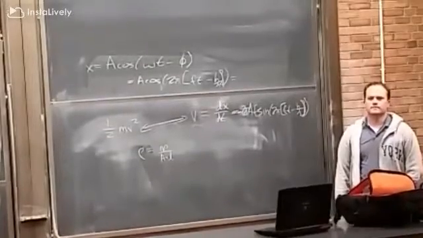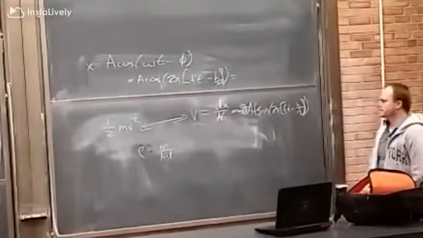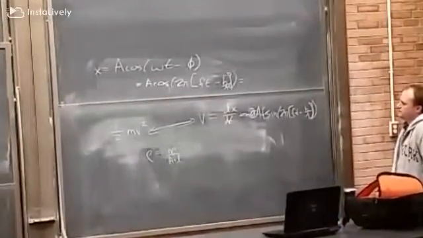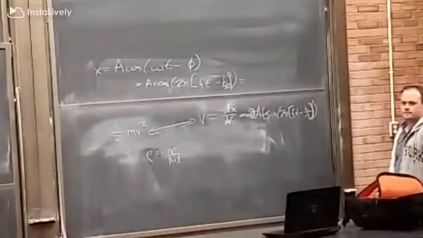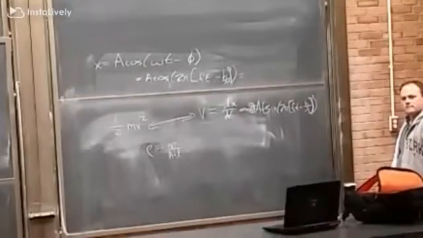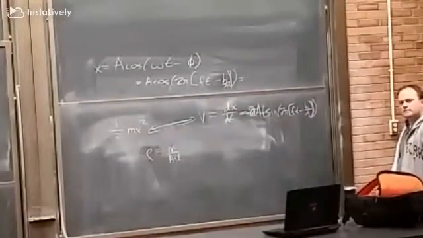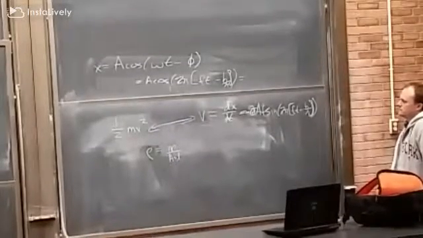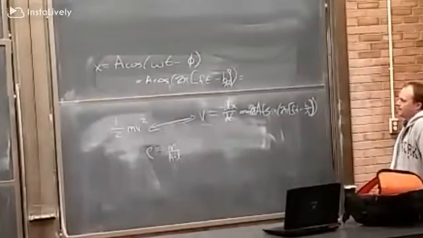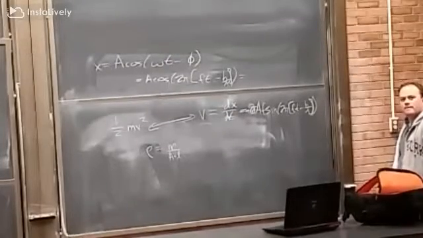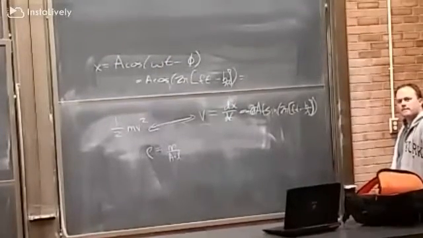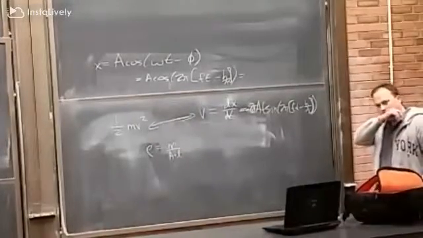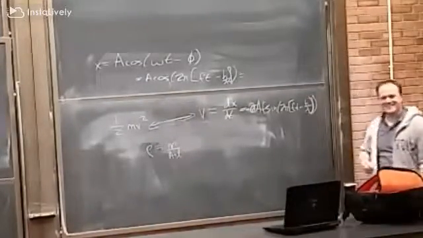I see we're plugging in 2 pi for omega, and phi is 2 pi h over lambda. Why?